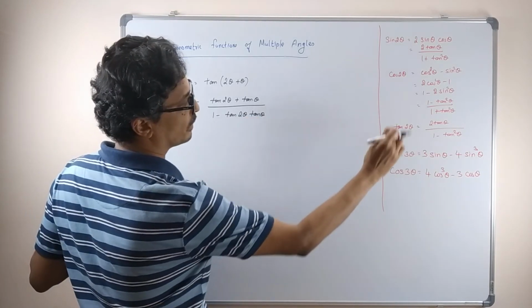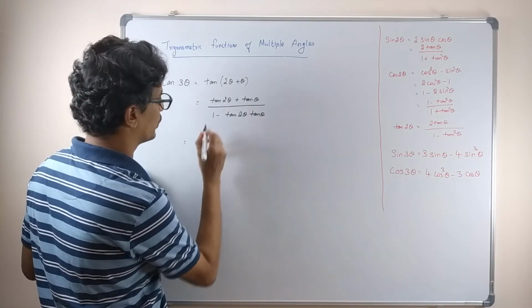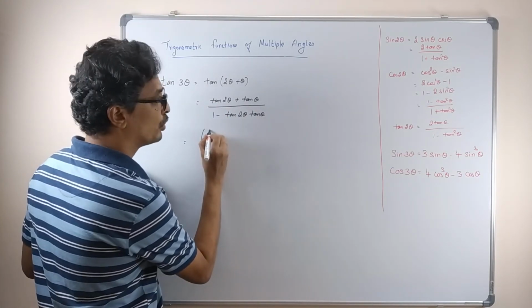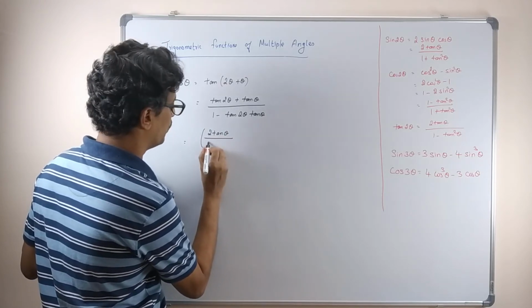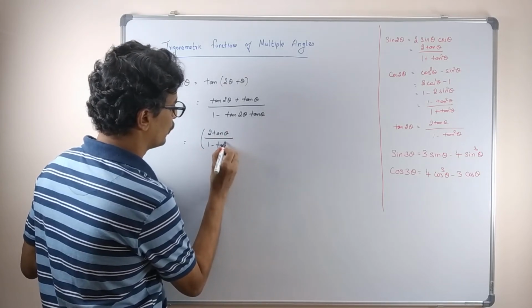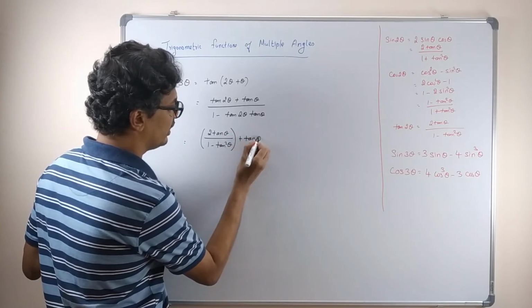We have the tan 2 theta formula here, so let us substitute it. Tan 2 theta is 2 tan theta divided by 1 minus tan square theta, plus tan theta, right?